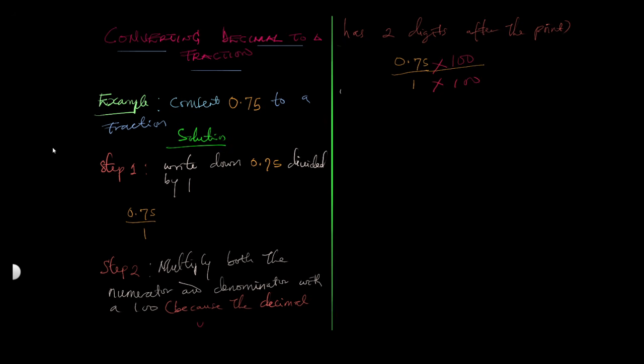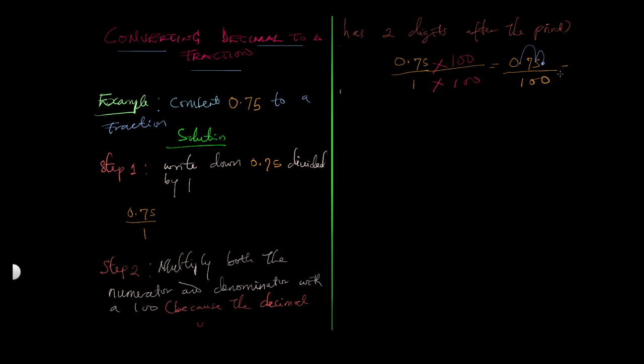Since we are multiplying, we move our decimal point forward. 0.75 becomes, moving the decimal point 1, 2, a new point there. And our denominator, 1 times 100, will give us 100.